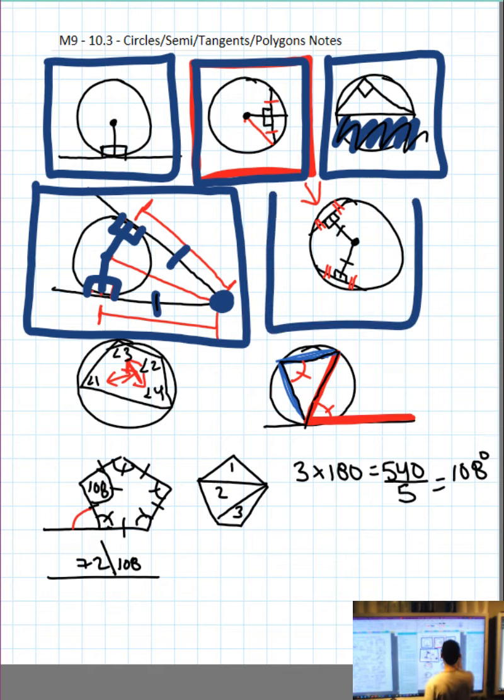Middle right is a further definition coming from middle top. If you have 2 chords, and we know the length from the center to each chord, it's not actually a radius but a segment from the center to the chord, if those are equal, we know that each of those chords is divided by 2, and both sides are equal in red.